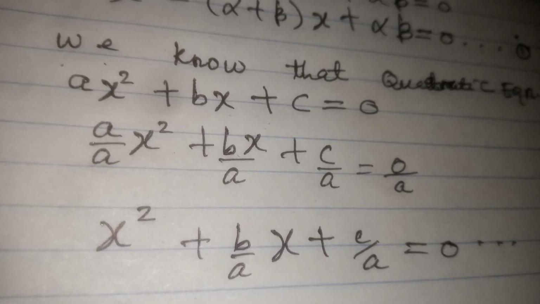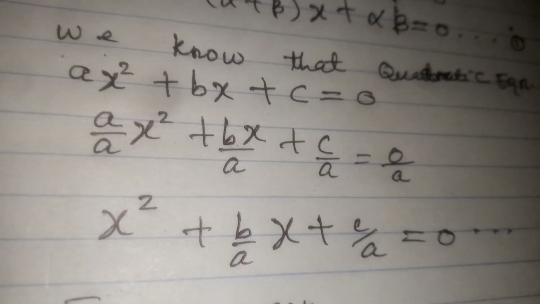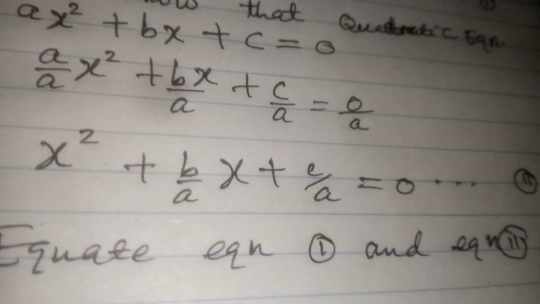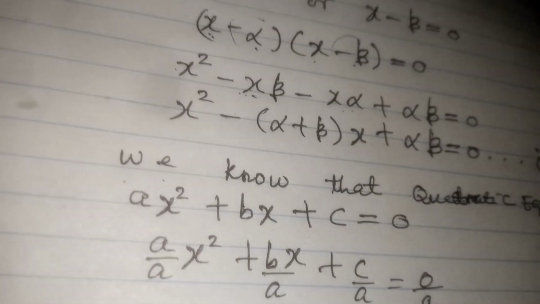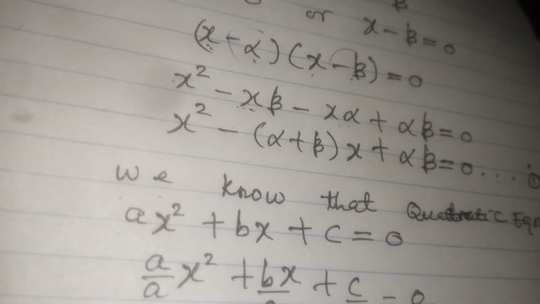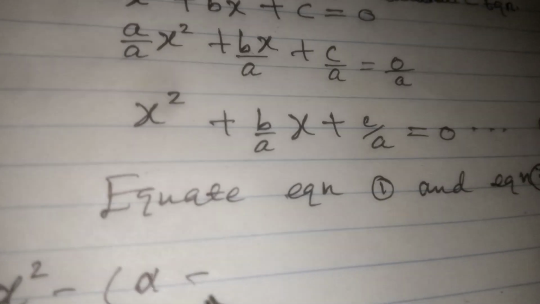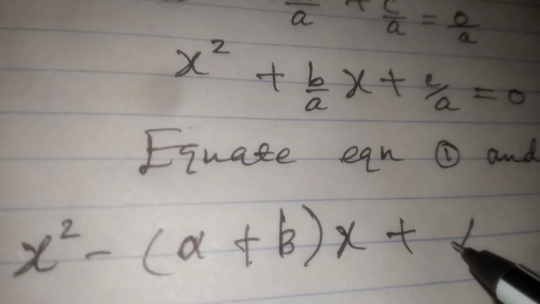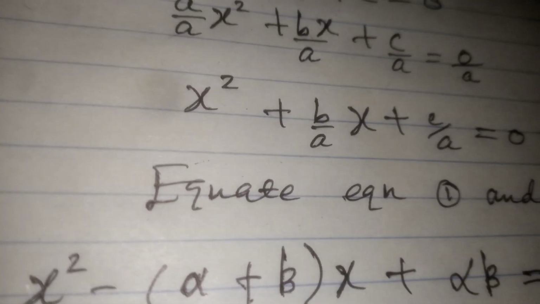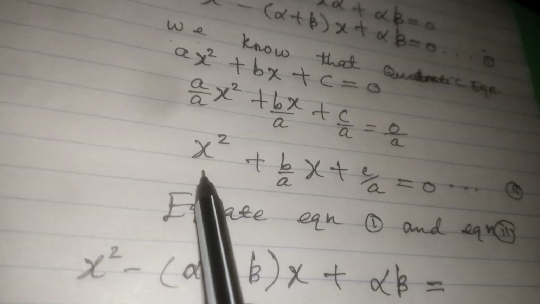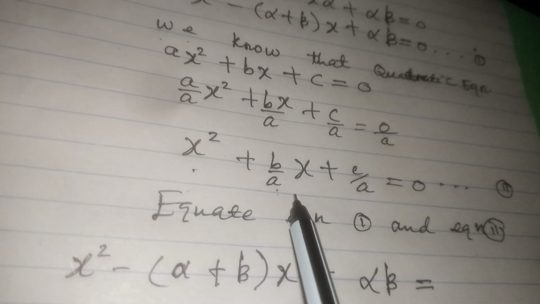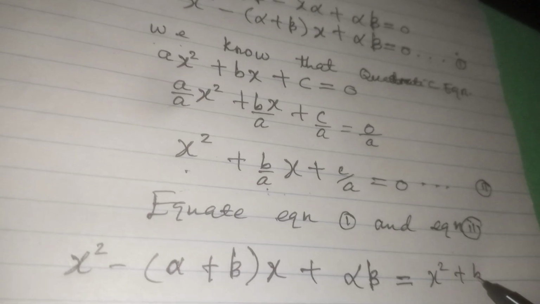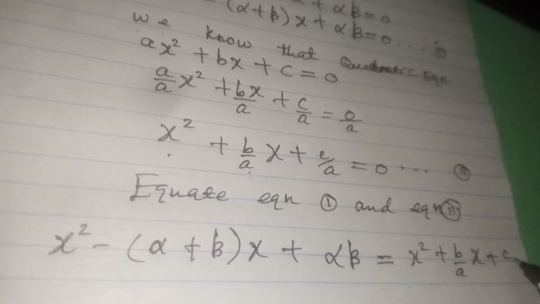Now if we equate the two equations, equation 1, x square minus alpha plus beta x plus alpha beta equal to 0, is the same as x square plus b over a x plus c over a.